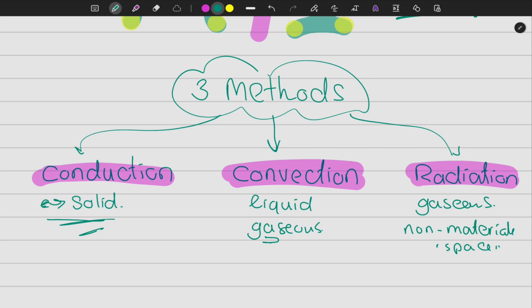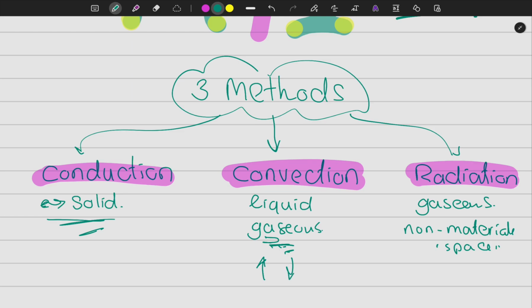Again, transfer of heat energy by convection is a transfer of heat in gases and liquids, where hot molecules which have less density rise upward, while the colder molecules which have more density fall downward, go up and down.